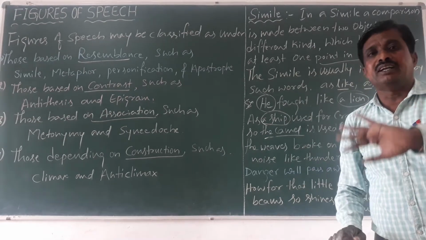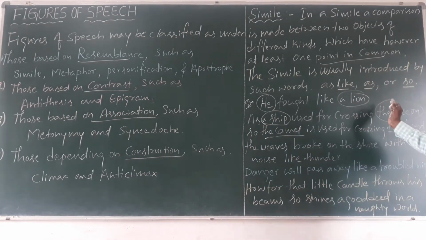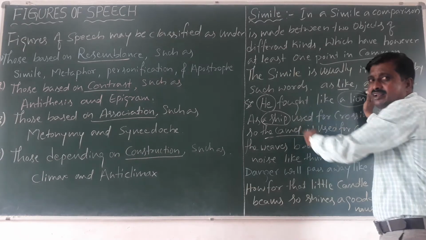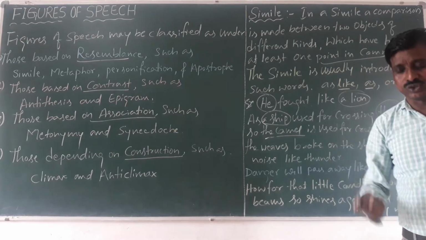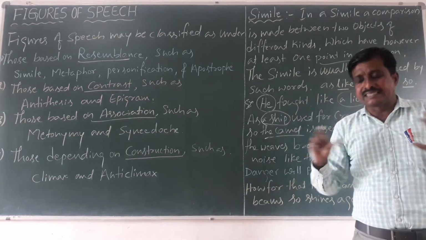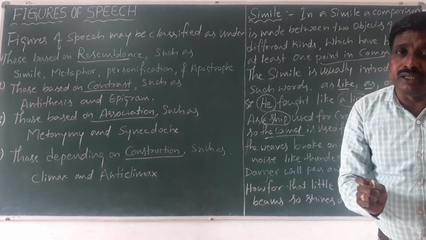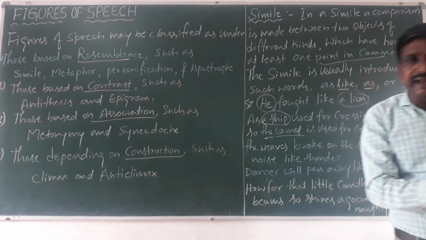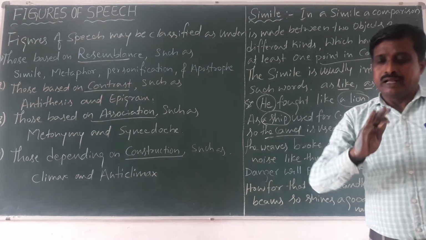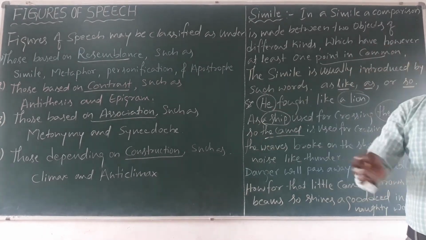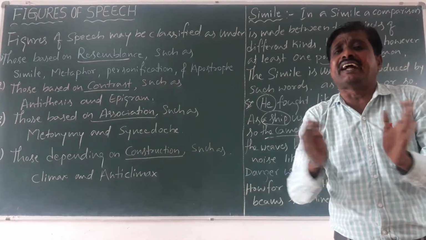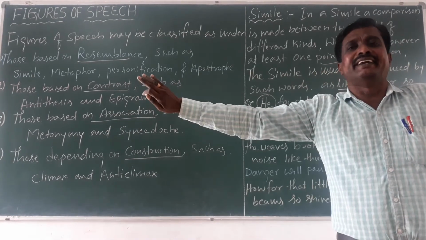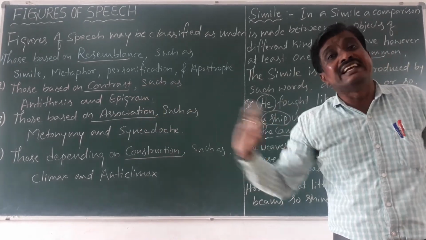The camel does not become a ship, or the ocean a desert, just as a person does not become a lion. It is only a comparison. In a simile, the two different kinds of objects are compared, and after the comparison they keep their separate identity.